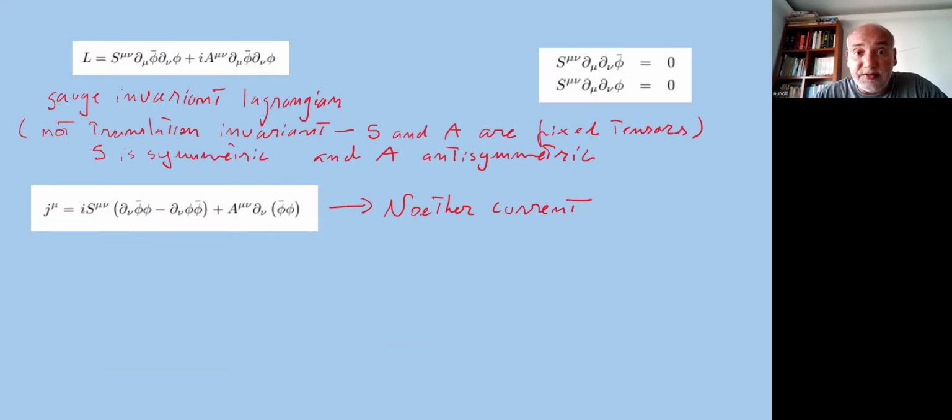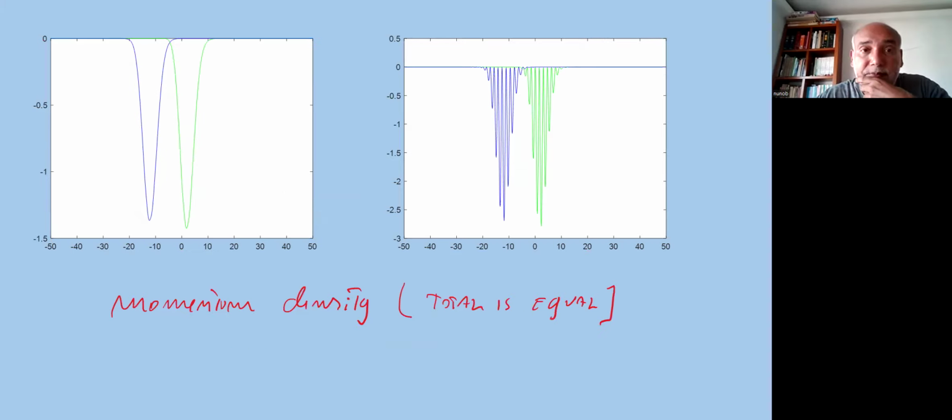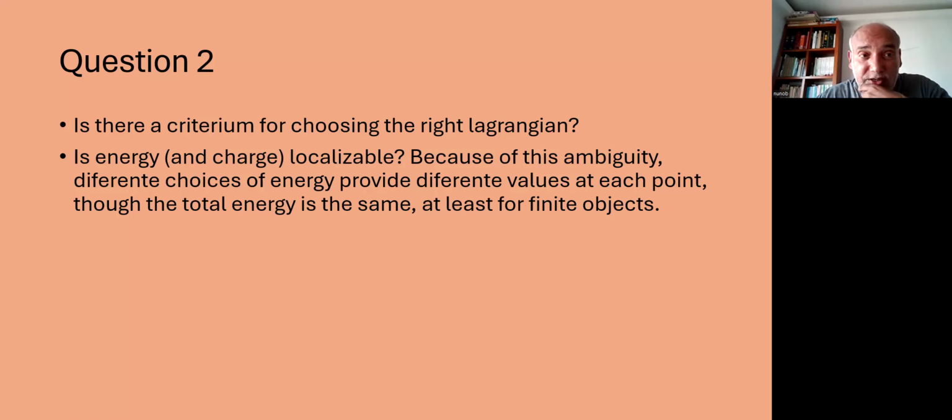You know, like in this example, where is the energy? The total energy is the same, but different tensors provide different distributions of the energy within the wave packet. So this was my second question for you to think about.